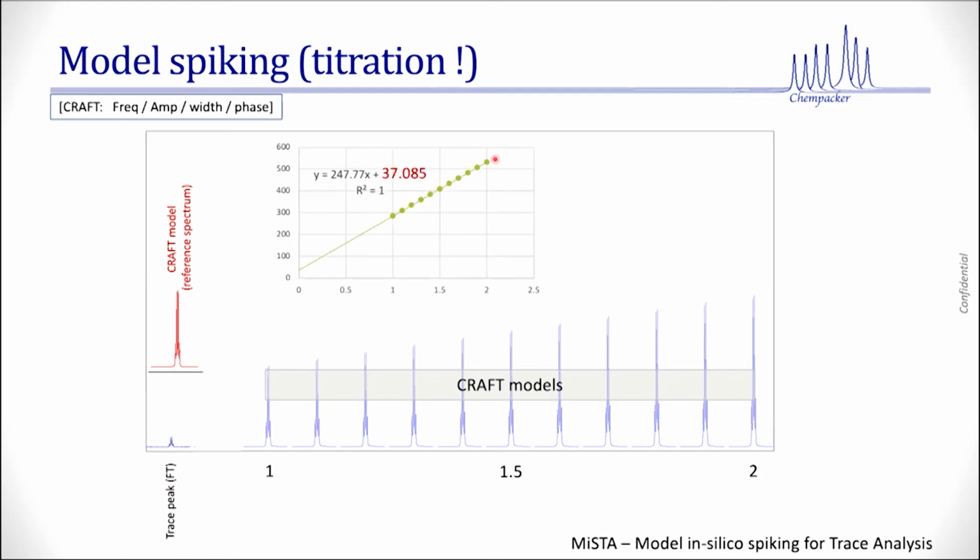I can plot my amplitude of these graph models against each other with this spiking ratio. I get a beautiful straight line, and the intercept is the amplitude of the trace peak, and the slope would be the concentration of this model that I added.